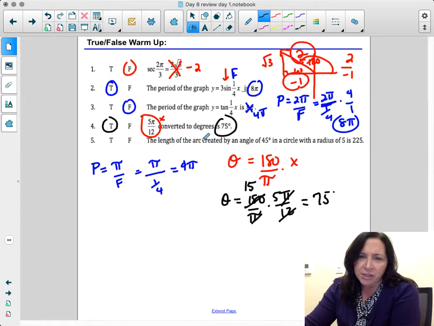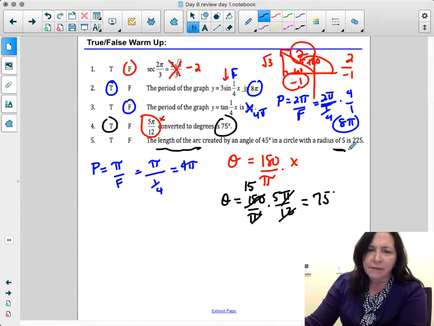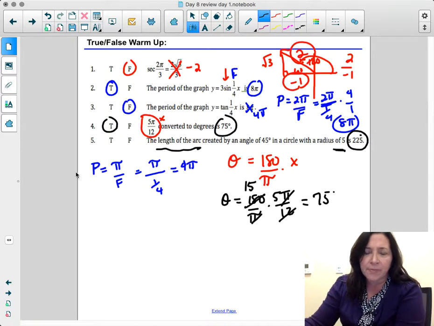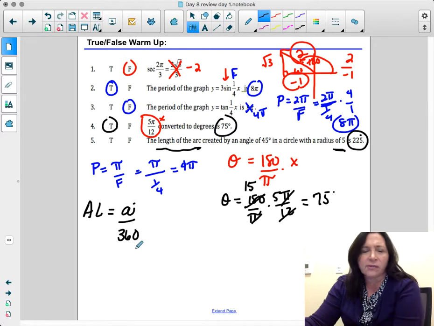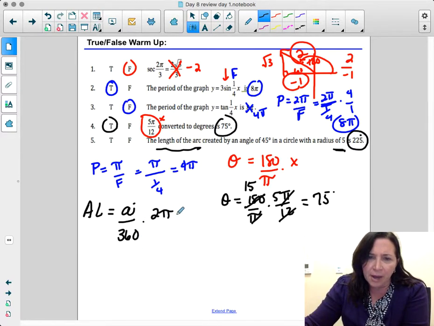And the last question here is asking me for the arc length created by 45 degrees with a radius of 5. And they're asking me, is it equal to 225 degrees? Well, if you remember, arc length is equal to arc degree over 360, all that is a fraction, times 2 pi r. So we're going to plug these values in.